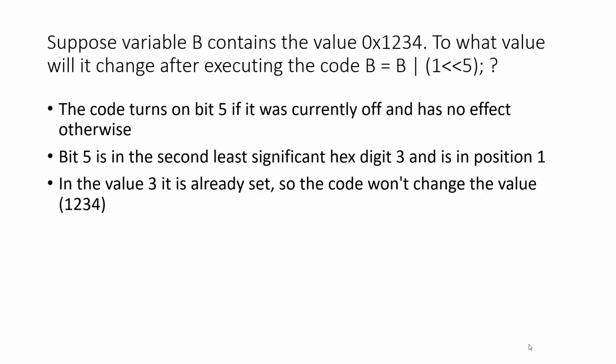So in this case, 1234 already has bit 5 set, right? The 3 corresponds to bits 7 down to 4, and so bits 4 and 5 would be on, corresponding to the value 3.